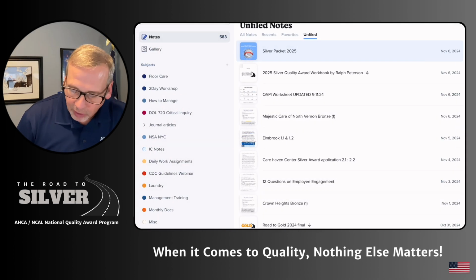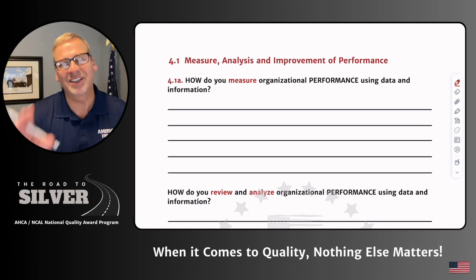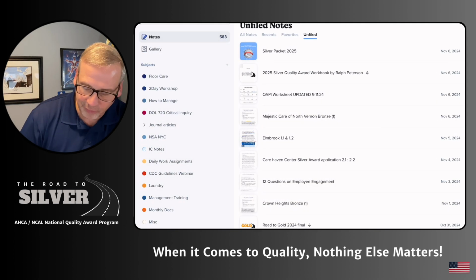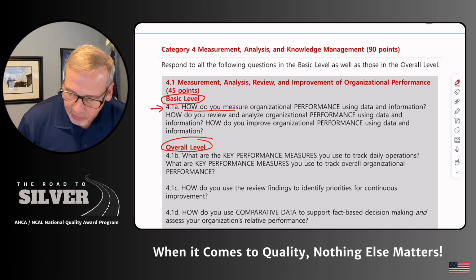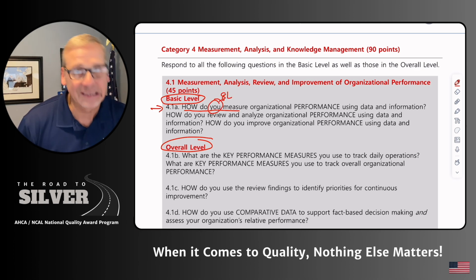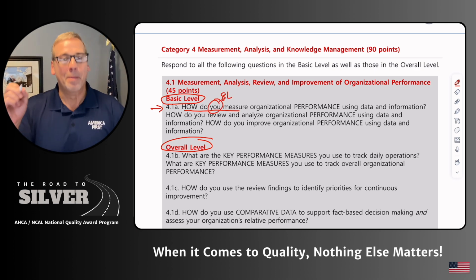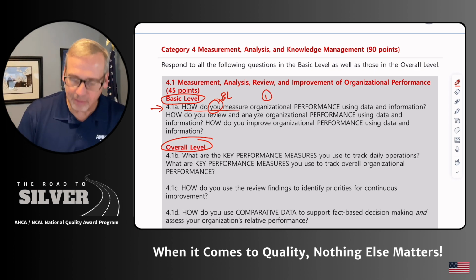And I made a workbook for all of the quality awards so that we don't miss any questions. If you look at this question, it's how do you measure, and you, by the way, is senior leaders, how do senior leaders measure organizational performance using data and information? That's question number 1.